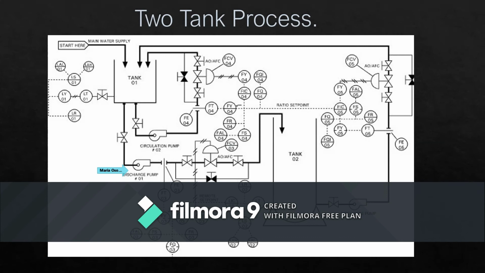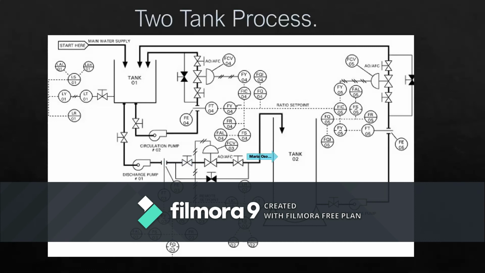This signal goes to a second flow control valve that is connected by a pneumatic connection to a flow relay, and this connection finally goes into tank 2.